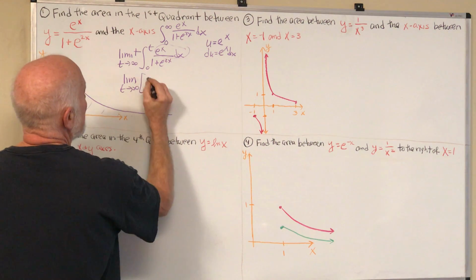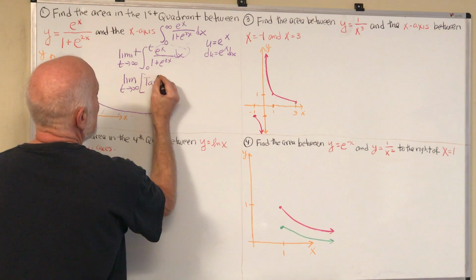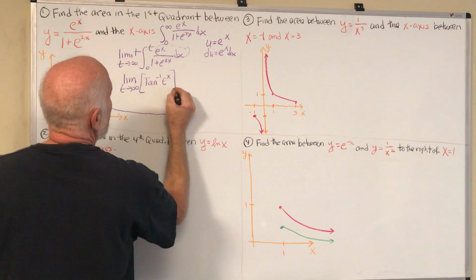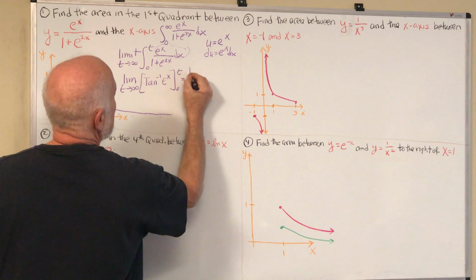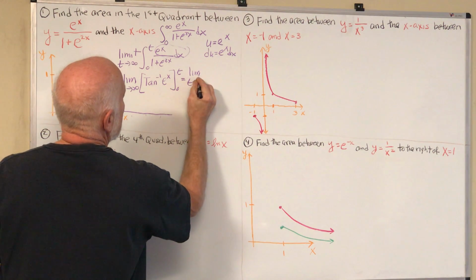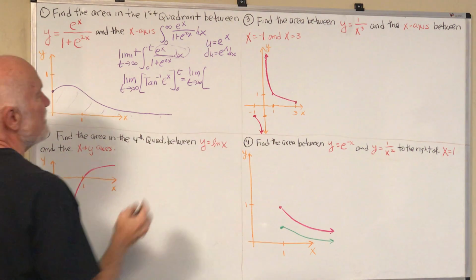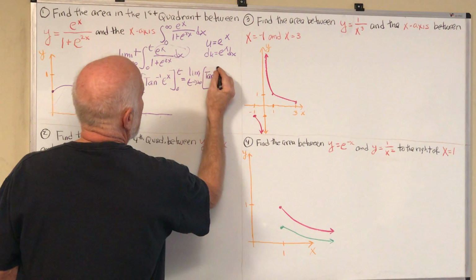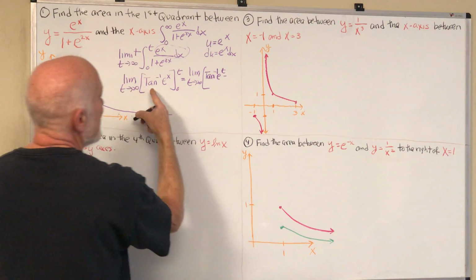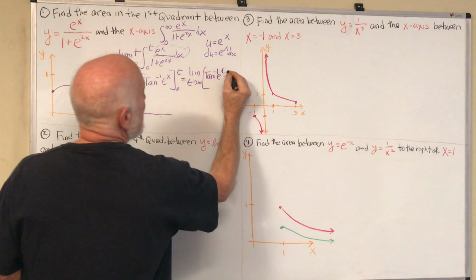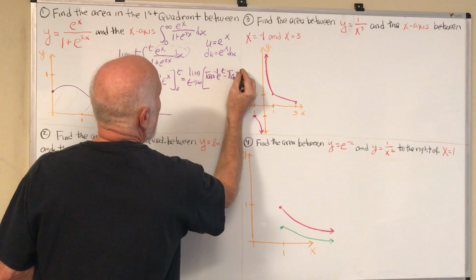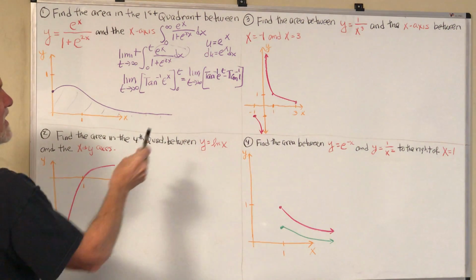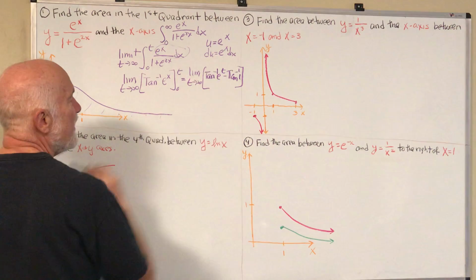So what we get is the inverse tangent of u from 0 to t. So we get the inverse tangent of e to the t minus the inverse tangent of e to the 0, which is 1. So what we have to think about, e to the t is going to go to infinity.